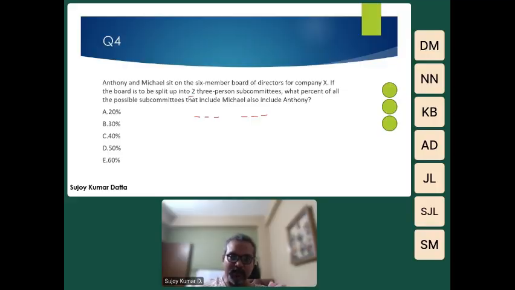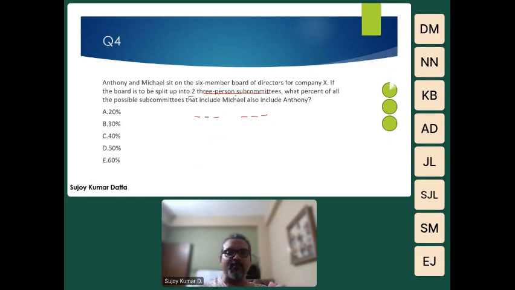So two 3-person subcommittees. And they are saying, what percent of all these subcommittees will include M and A together? That means you want those two guys to be together. So first, let us figure out how many such subcommittees you can make. This is individually not a subcommittee.